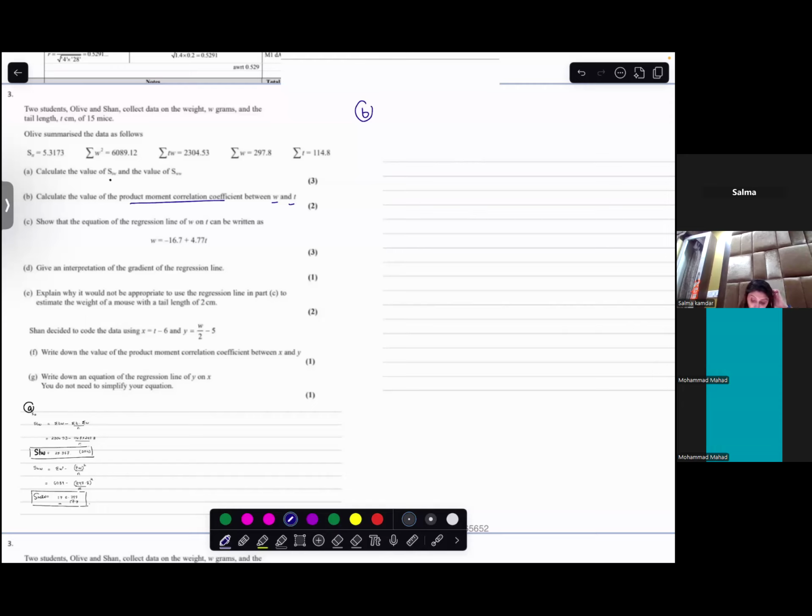That means they asked me to calculate R. So what is the formula for R? R is equal to STW divided by the square root of STT into SWW.